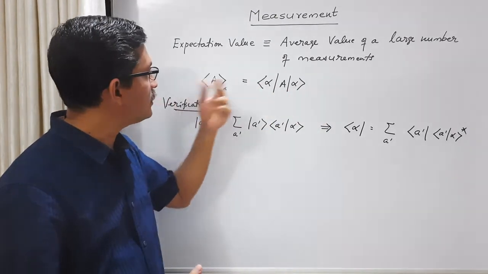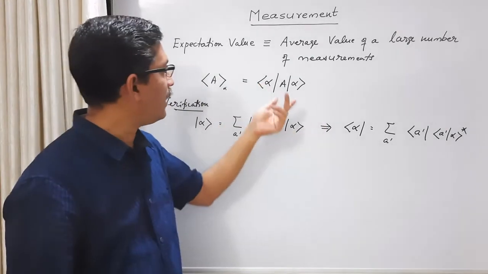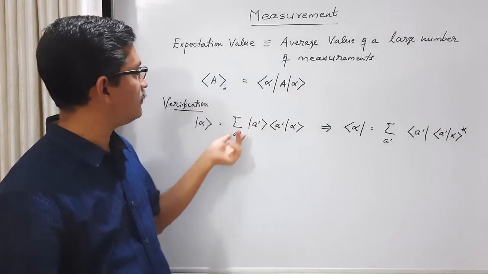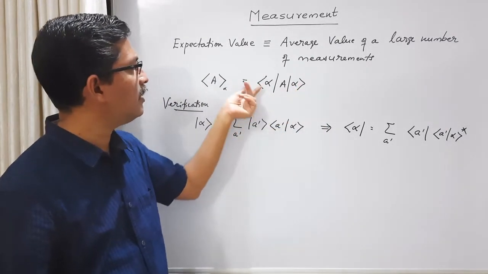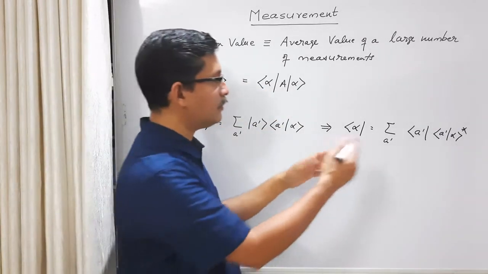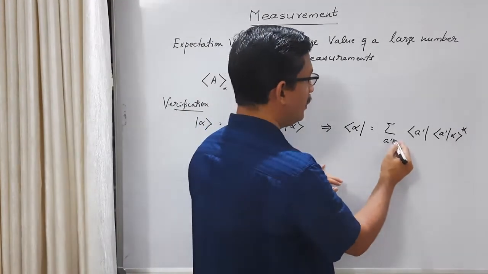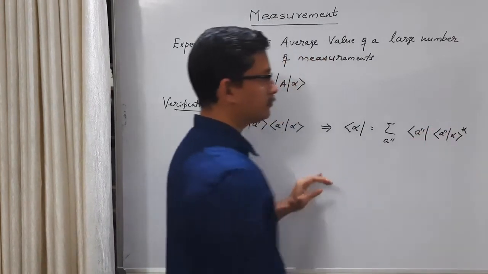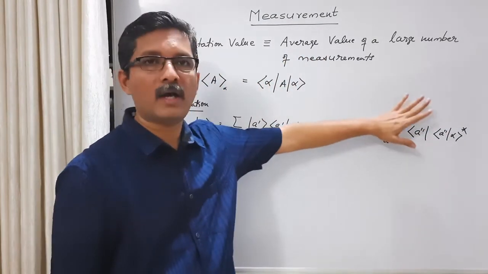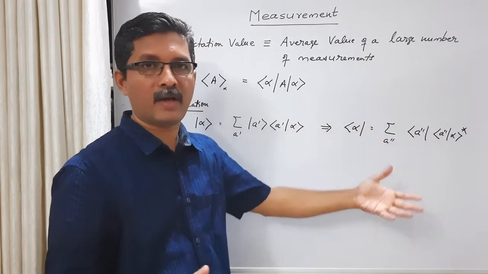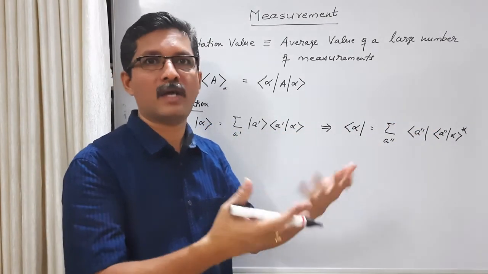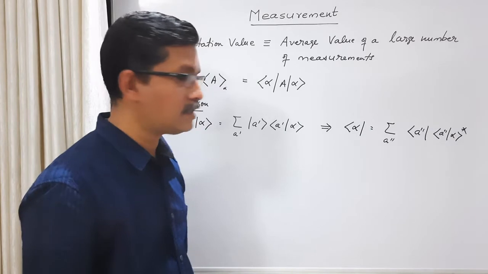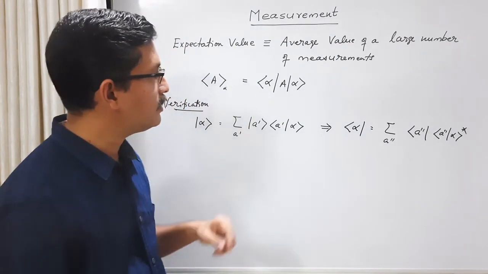So let us use a prime for the ket vector side. For the bra vector side, I am using a different dummy index, a double prime. We are summing over all eigenkets, so whether we use a prime or a double prime or i or j or m or l, it doesn't matter. So we can use a different notation here.